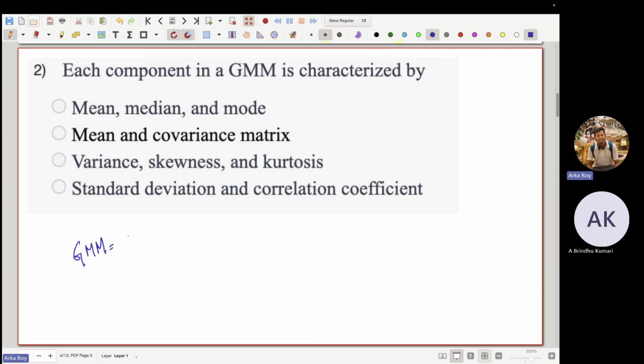GMM can be written as summation over k of pi k times the normal distribution of x given the parameters, and the parameters are mu k and sigma k, and k is running from 1 to capital K. So therefore, you can see it is basically you have the weighting or mixing coefficient.